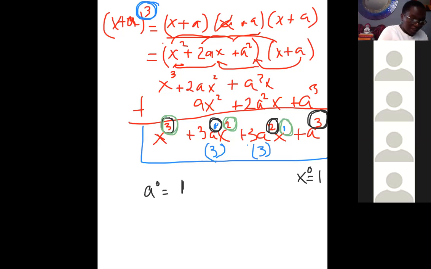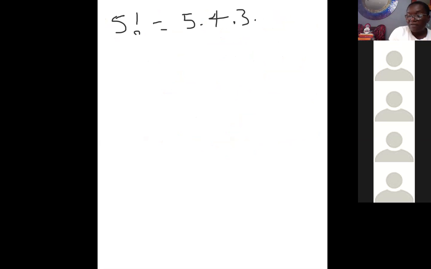Now, next, guys, let's chat about this next part before we go ahead and move on. At the beginning of this chapter, we saw the factorial symbol. I asked you to calculate 5 factorial. So when you see the factorial symbol, it just means that you're taking a number and multiplying it by all of its preceding values, okay? That's how you get the factorial.